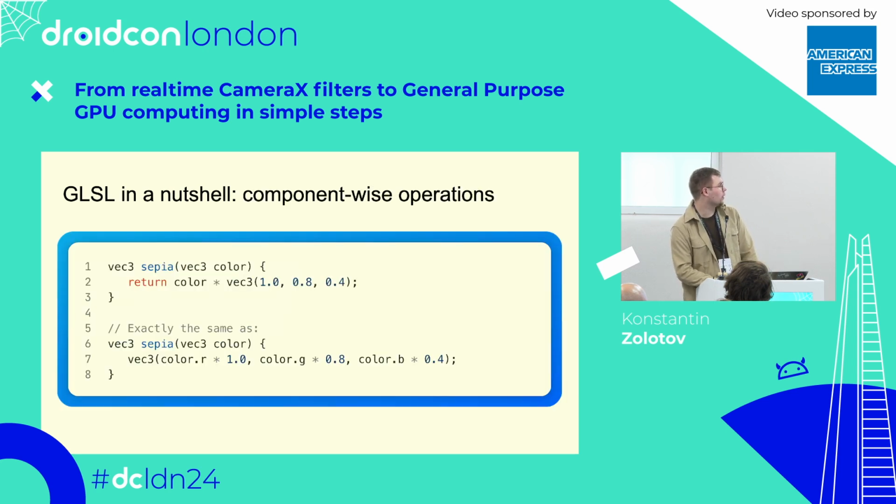Additionally, operations are component-wise. If you add or multiply vectors, it will automatically do component-wise operations. If we multiply a vector by a vector, it would be exactly the same as destructuring the vector and doing the component-wise operations manually.